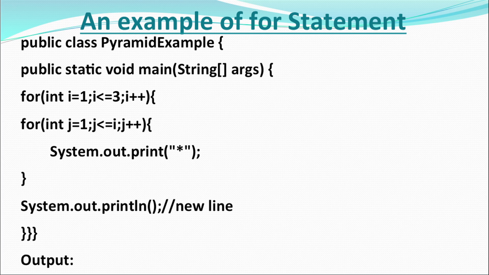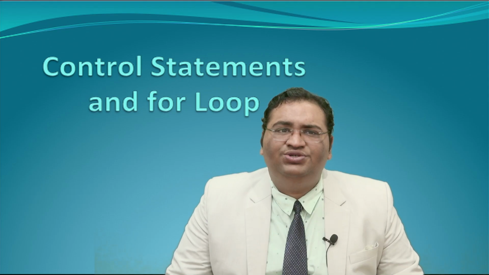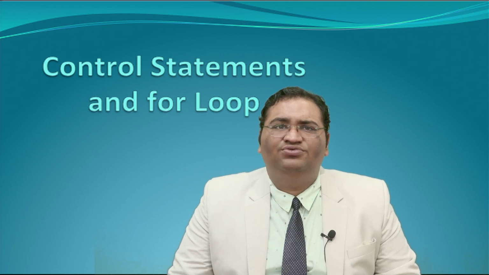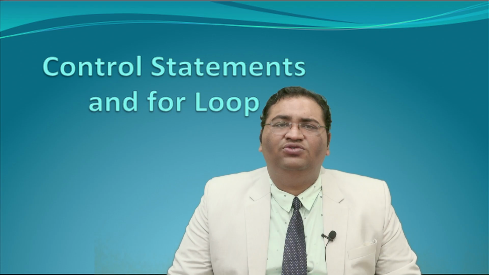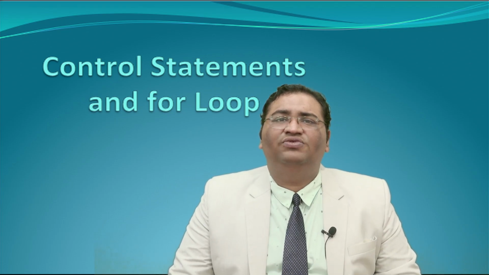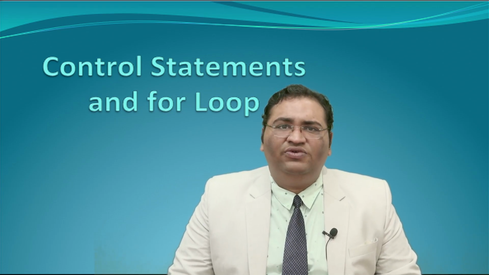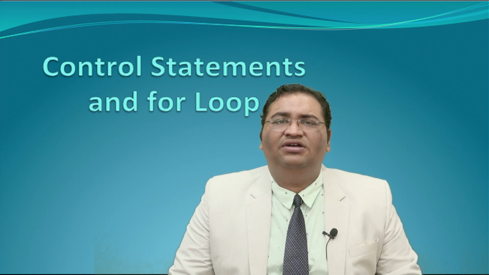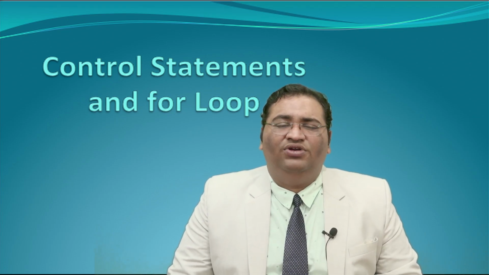So the third time when this for loop of j will be executed, it will be executed 3 times. Similarly, like this you can make the program, and I will suggest you that you go and make so many programs. The more you make, the better you will get the understanding, the better you will see the output, the more interest you will gain in programming, the better you will be in programming.